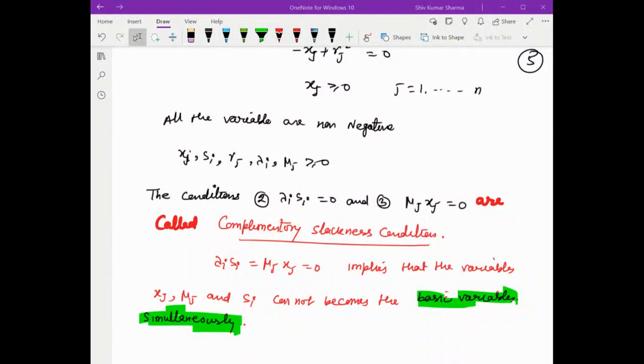We write the first column as basic variables, then cb, the cost of the basic variable, then xb, then y1, y2, y3, yn, and on top we write the cost, and at the bottom we take the row of delta j, and we make the last column for the ratio, and make the pivot and so on. We do all these things.